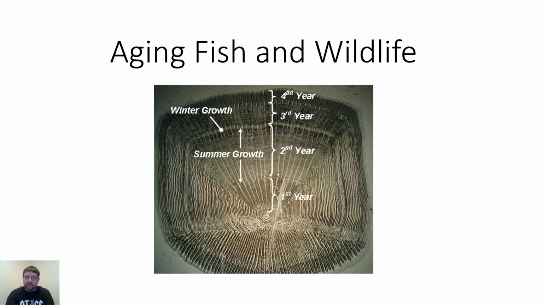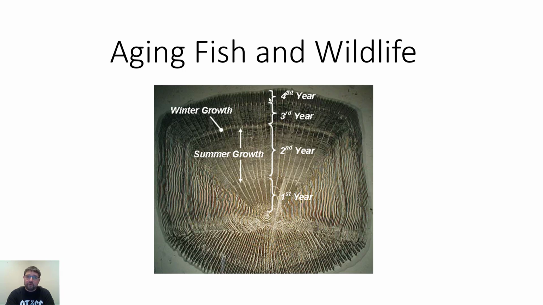Now, the other nice thing about this, and I'll get to this in a little bit, is you can calculate. So clearly, when the scale was pulled, the organism was 4 years old, so you would have a size at 4 years old. But what if you wanted to know how big the organism was when they were 2 years old? We can do that. It's called back calculating size.